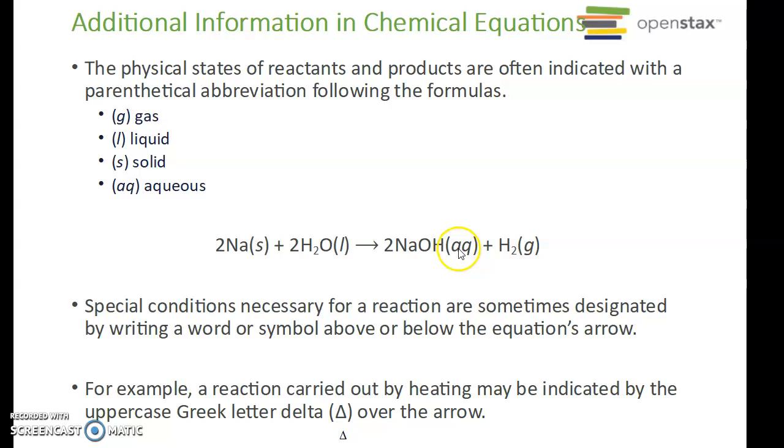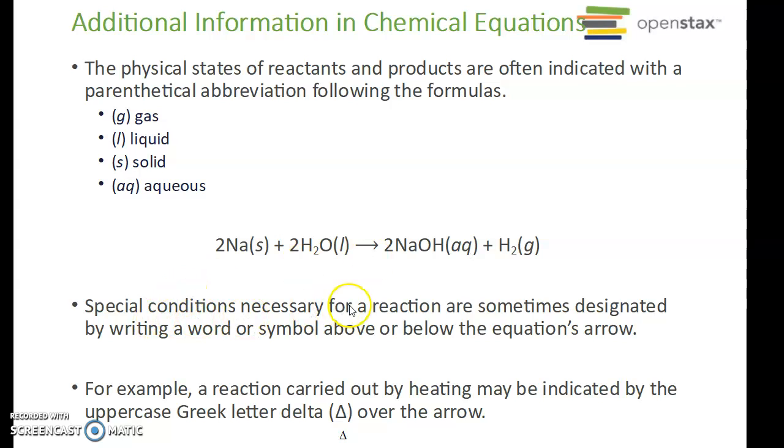So salts in a liquid are AQ, right? And then if something is a solid, it's an S after it. So this helps keep track of the reaction as well, and provides the specific information of the state at which each of the molecules is in.